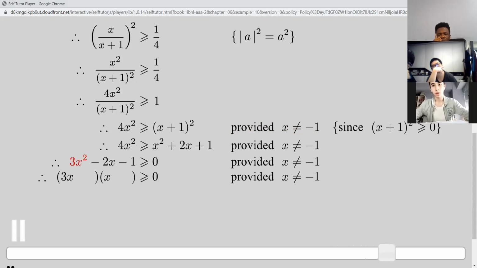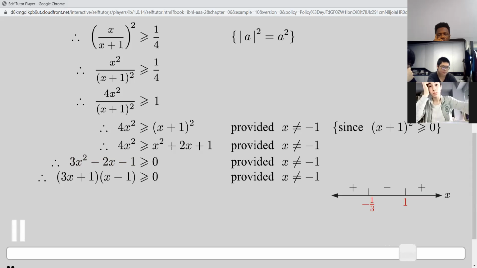3x squared is the product of 3x and x. Minus 1 is 1 times minus 1, and we can arrange these factors to give the correct middle term. The zeros of the quadratic are minus 1/3 and 1, so we can use these to draw a sign diagram.